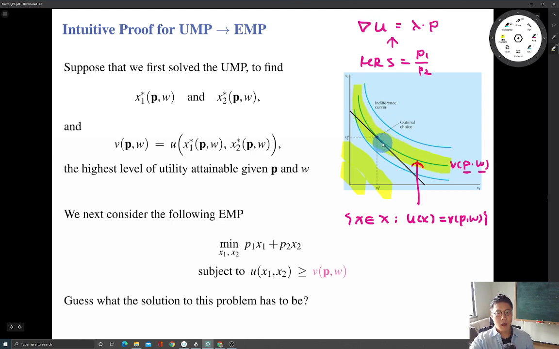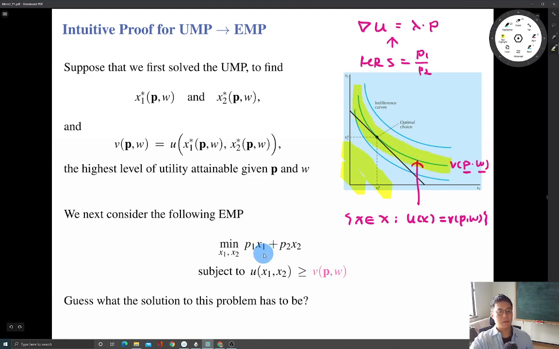And then very intuitively, not surprisingly, we are going to have the same point. So at the same point as before, this line segment will be tangent to the indifference curve.